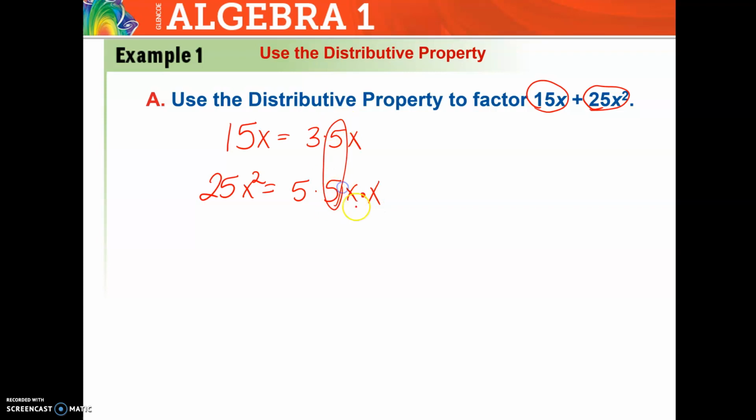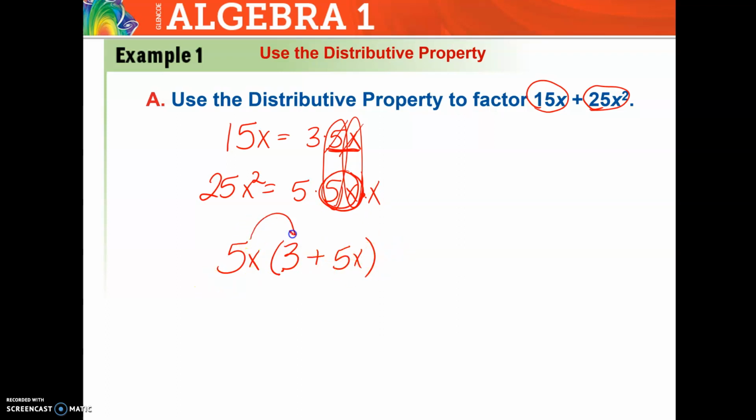I see they both have a 5 and they both have an x, so I get 5x. When I factor a 5x out of this, I have 3, and if I factor a 5x out of this, I get 5x. So then this would be it factored.